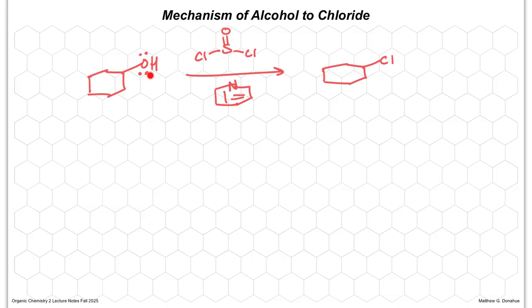Even though the H of the alcohol is acidic, it has a pKa of 15 to 18. The pyridine is a base. That base is not strong enough to deprotonate that. So the first thing that happens is a lone pair on oxygen will attack that sulfur.